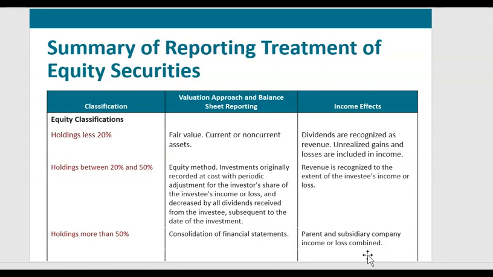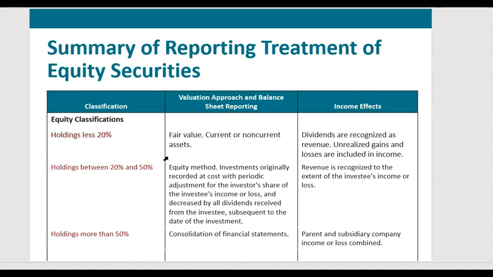To conclude, let's look at a summary of the accounting treatment for equity securities. If the investor holds less than 20% of the investee's equities, we report the equity investment at fair value. Dividends are recognized as revenue, and unrealized gains and losses are recognized in income. If the investor has holdings between 20 and 50% of the investee's equity, the investor uses the equity method.